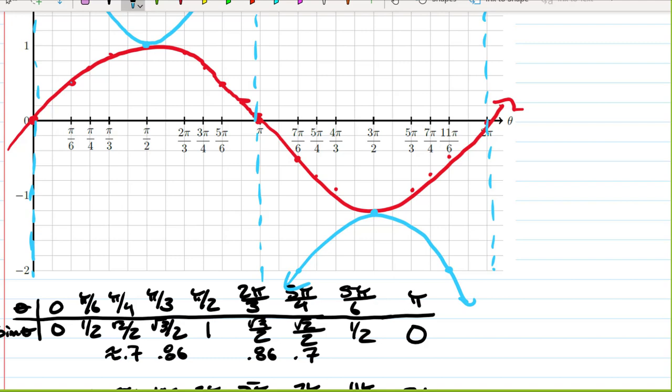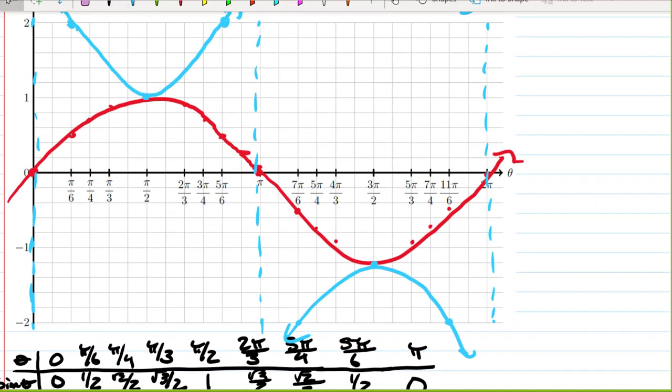So those reciprocal functions are going to have vertical asymptotes anywhere sine was equal to 0. So the vertical asymptotes of cosecant theta are at any angles coterminal to 0 and pi. So at x equals plus or minus pi times n for all n.